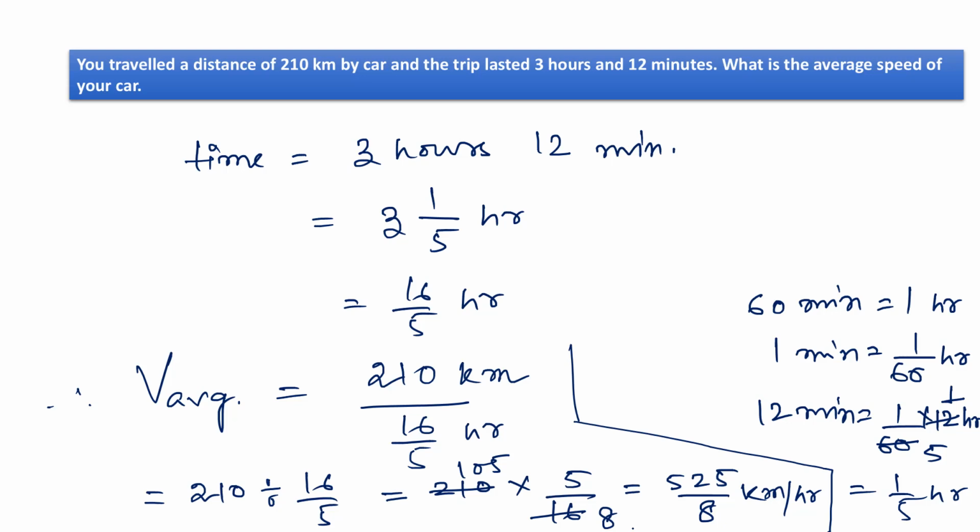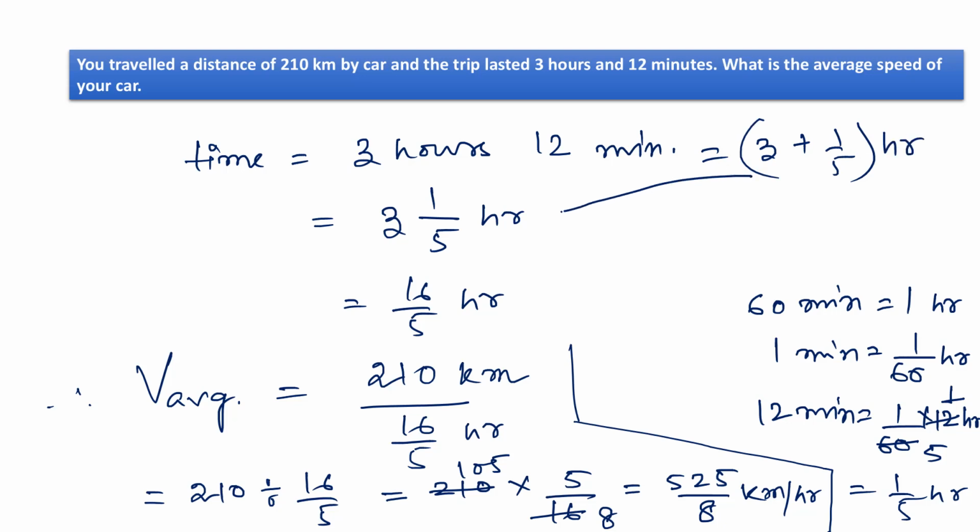In this question, time was given as 3 hours 12 minutes. At first I converted the minutes to hours, and 12 minutes is equal to 1 by 5 hour. So I can say that 3 hours 12 minutes can be expressed as 3 plus 1 by 5 hour.